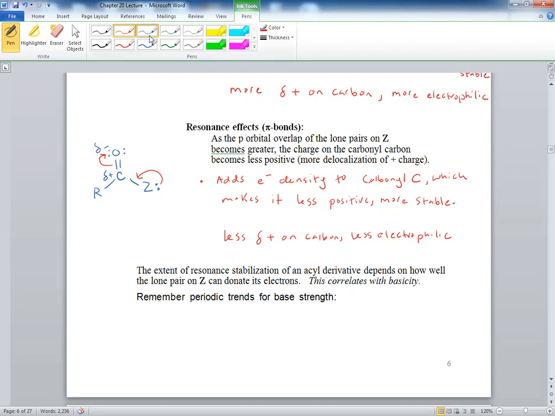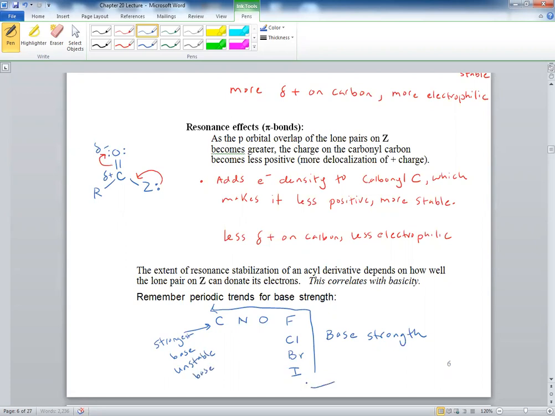So in Organic 1, we talked about carbon, nitrogen, oxygen, fluorine, and then we have Cl, Br, and I. And we said that the base strength increases in the direction of the arrow, meaning this is the strongest base, and that means it's the most unstable base in this series.